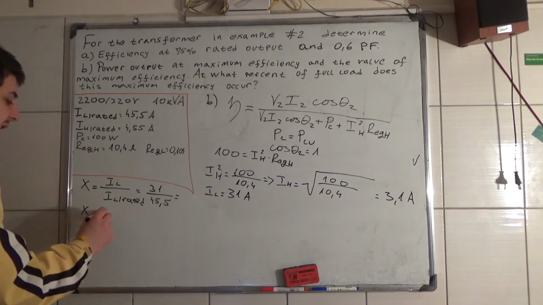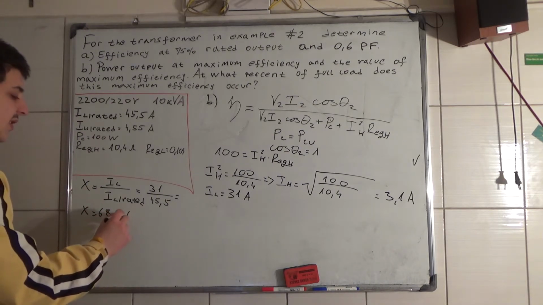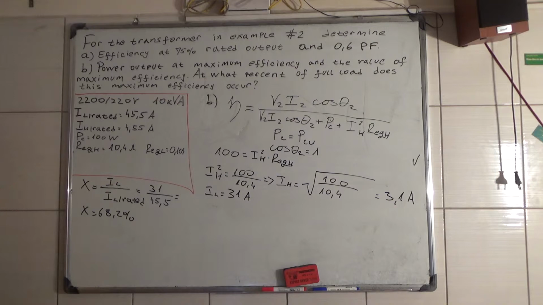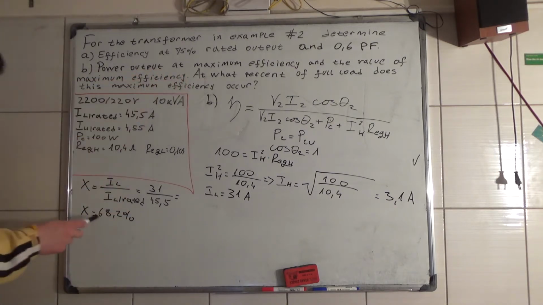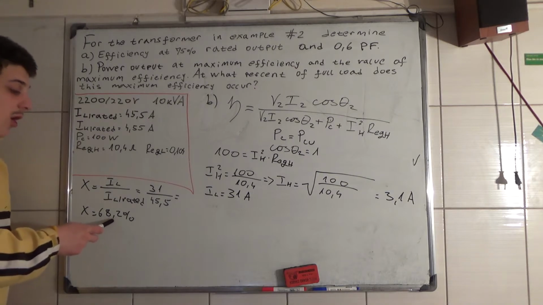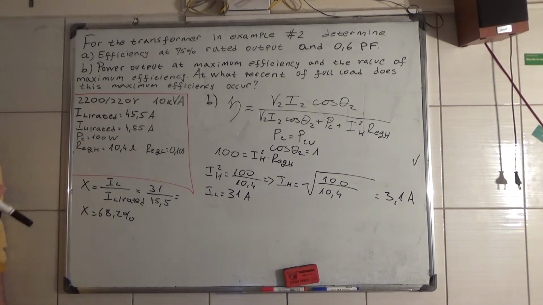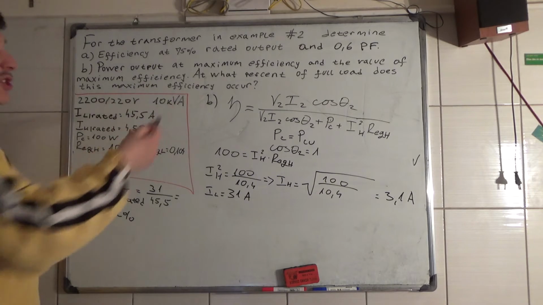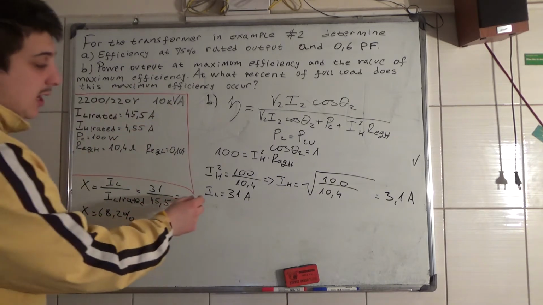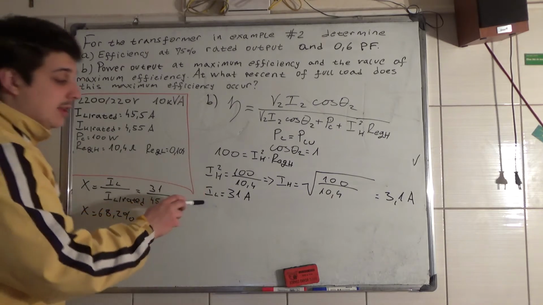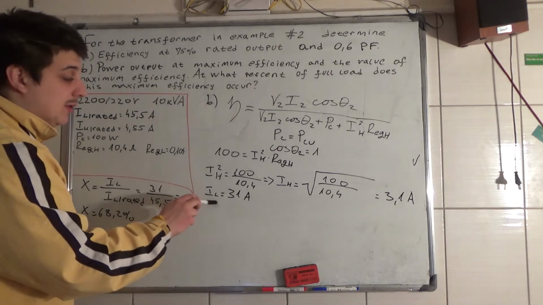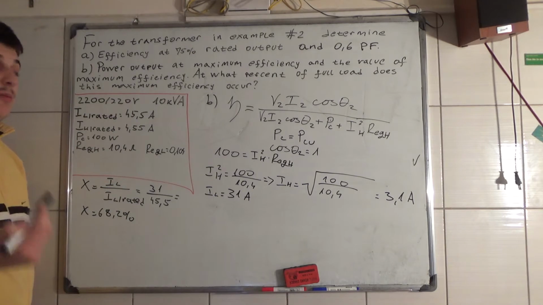It is about 68.2%. So at 68.2% of the full load will the maximum efficiency occur. So when you draw this amount of current on the low voltage side, then you have the maximum efficiency.